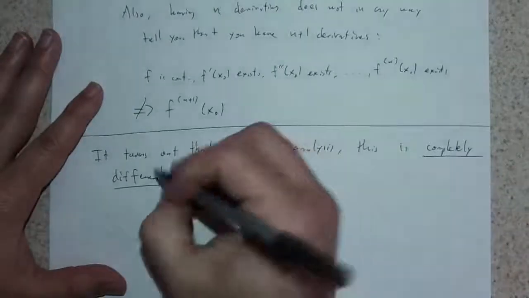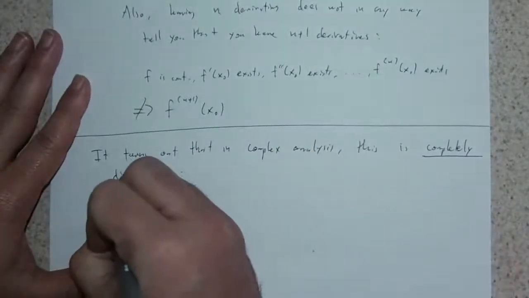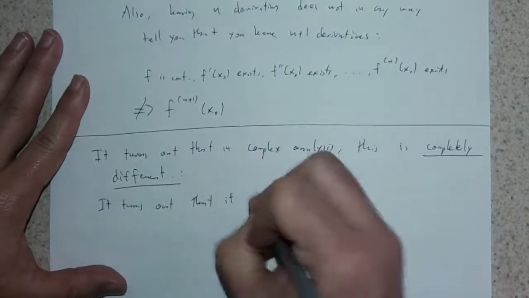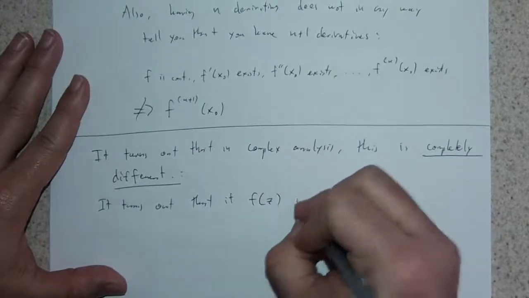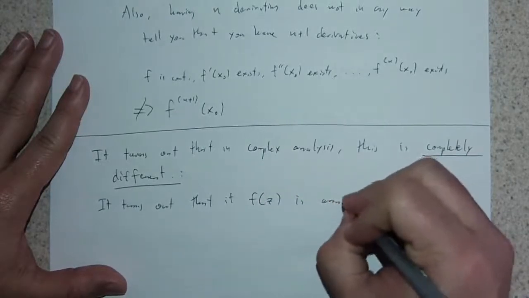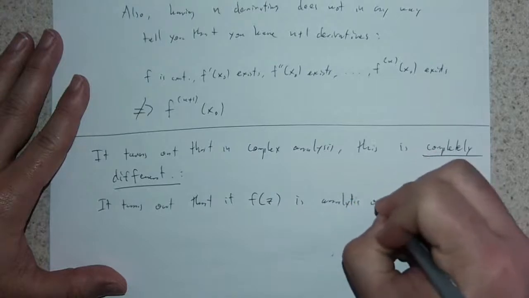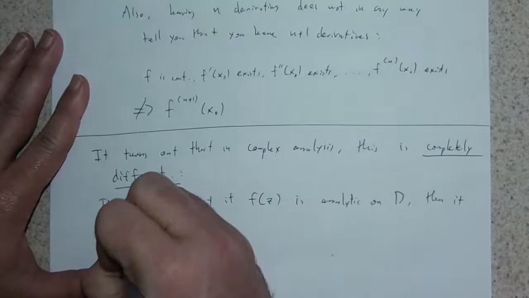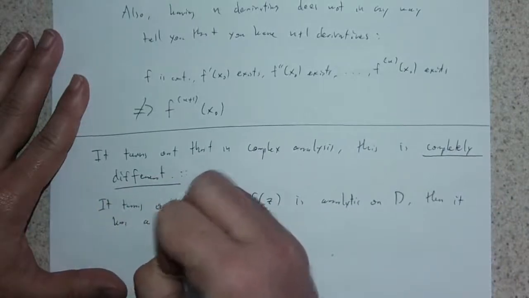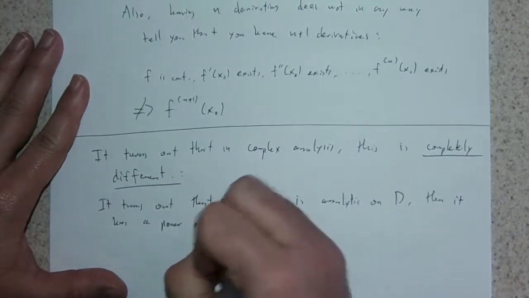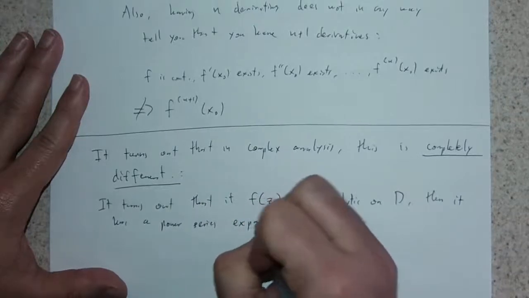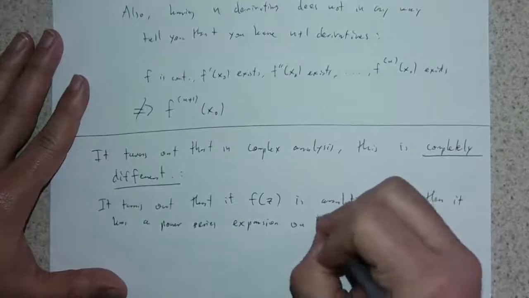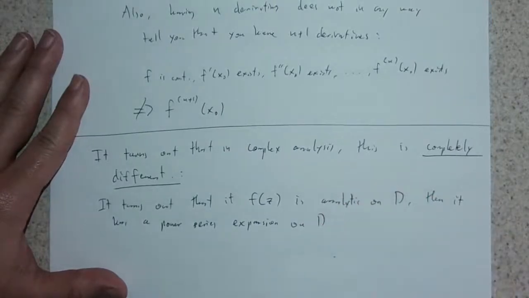Okay, and so it turns out that if f of z is analytic, we'll say on some domain D, then it has a power series expansion on D.